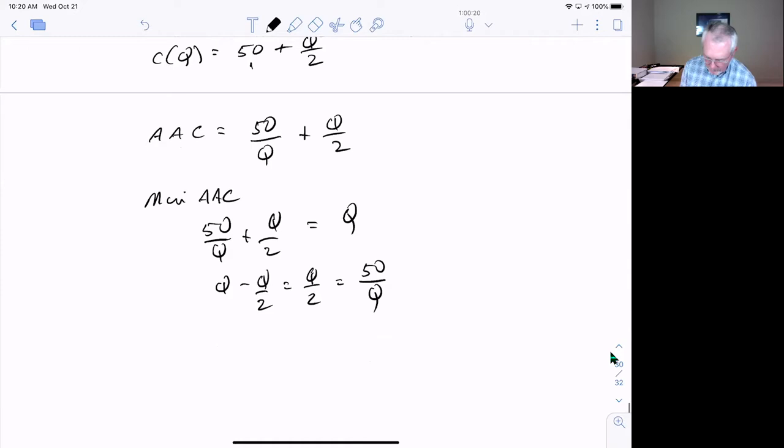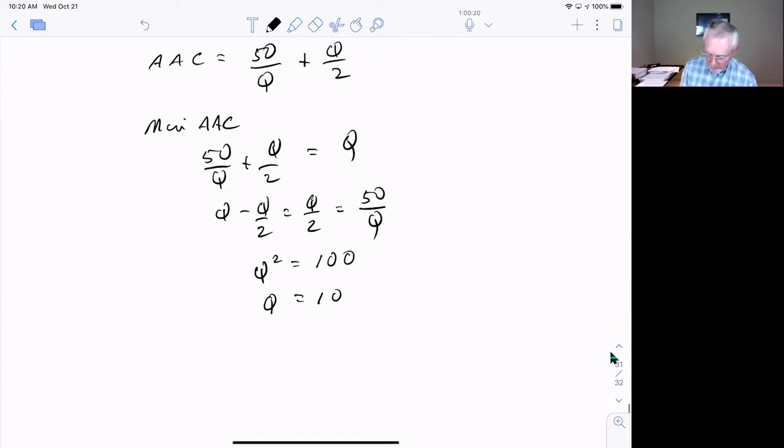So what does that tell me? It tells me Q squared is equal to 100, 2 times 50. So Q equals 10. It's good to know Q equals 10 at minimum average avoidable cost, but I don't care about Q so much as I care about minimum average avoidable cost.